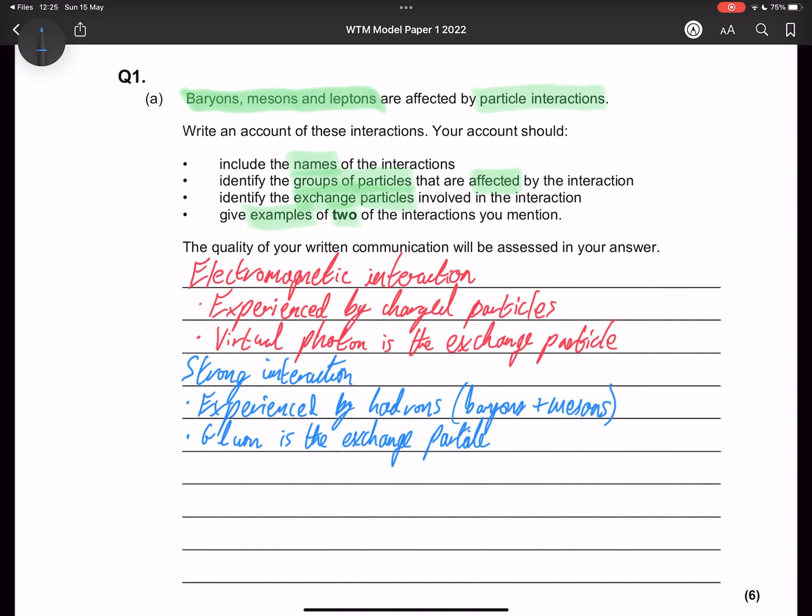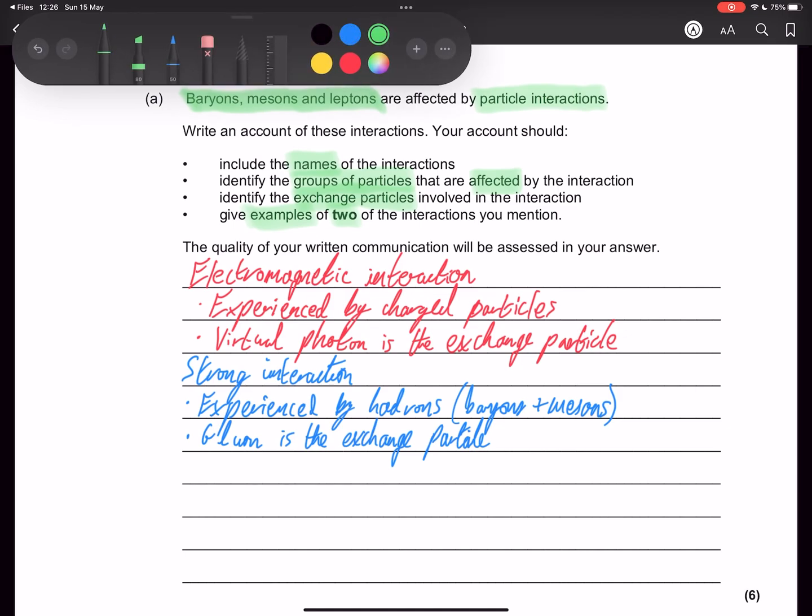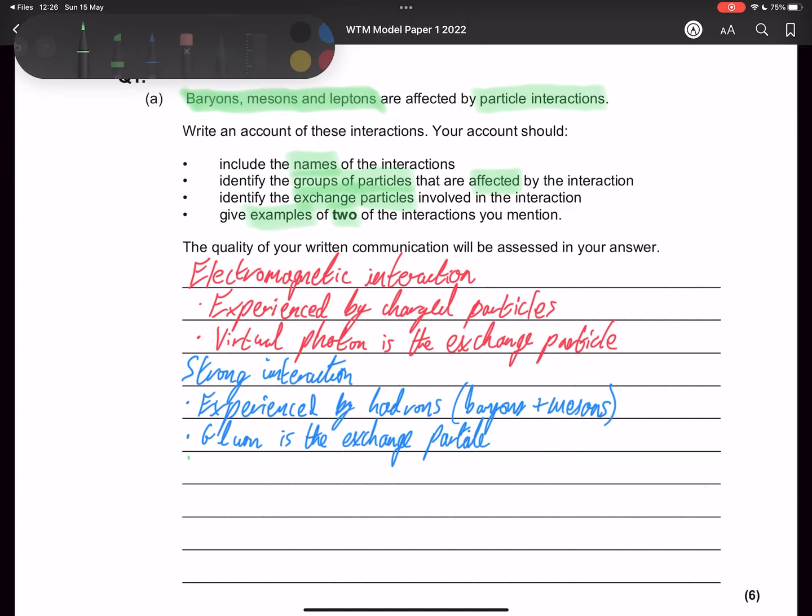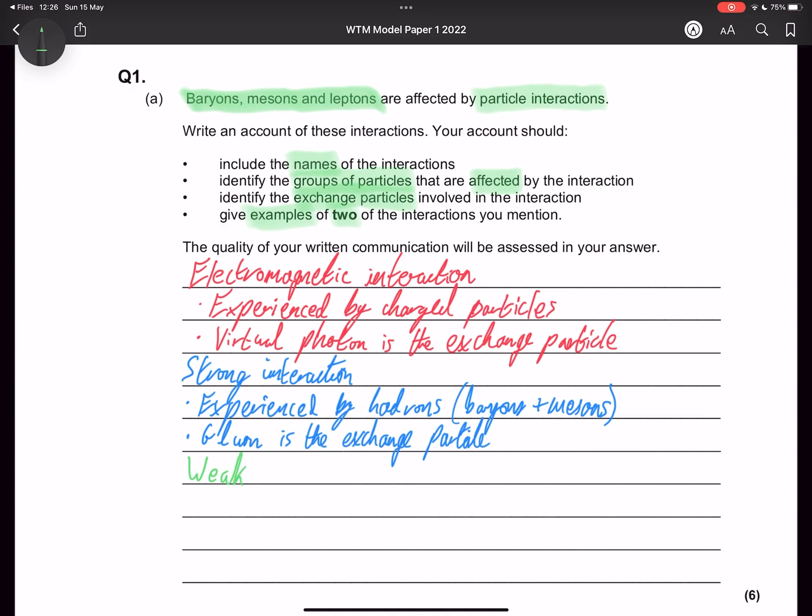So, moving on, we have the weak interaction as our last one to consider. There's a fair bit more that you can say about the weak interaction, really, so we'll try and cover as much as is relevant. We know that the weak interaction is something that's experienced by any and all particles.